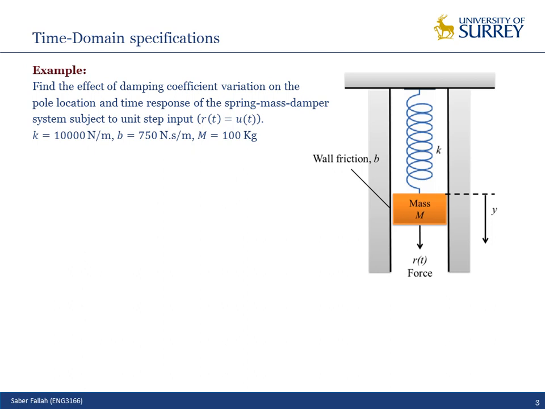In order to analyze the performance of the system, we need to obtain or write the equation of motion of the system. What's the equation of motion of the system? What's the differential equation that represents the dynamic behavior of the system?